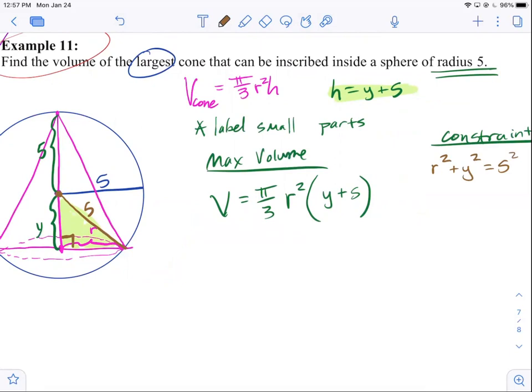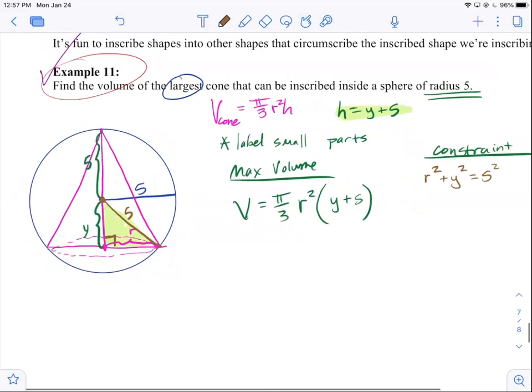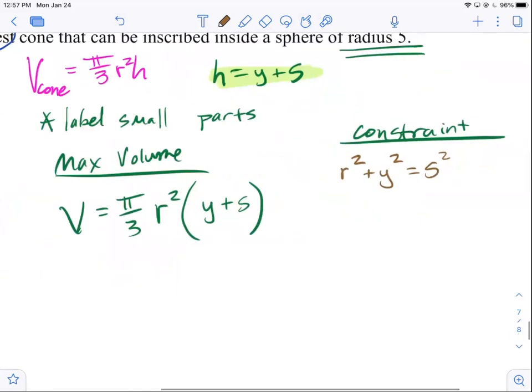Now, there is a variation on this problem where you're fitting a cylinder in instead of a cone. And the only difference for the cylinder is the height of the cylinder is not y plus 5, it's y plus y, or 2y. But you would still relate them using the Pythagorean theorem, okay? Now come over here. Do you want to solve it for y or for r squared? I don't even think I'm going to solve it for r because I have an r squared over here.